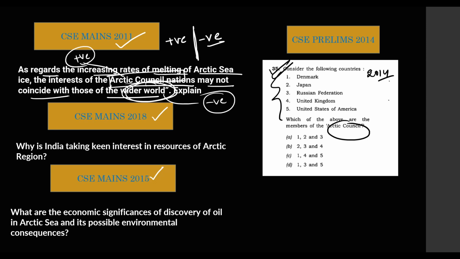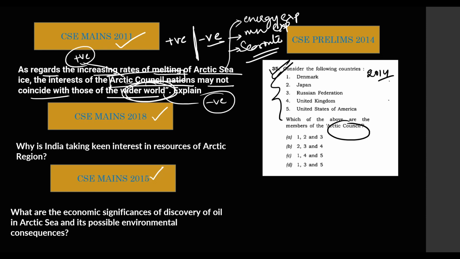On the other hand, the littoral countries of this region, who are part of the Arctic Council, will have some positive impacts in the form of energy exploration, mineral exploration, and new sea routes. So these are the three positive impacts of melting of sea ice in this region. However, it will have an adverse impact on the entire world.